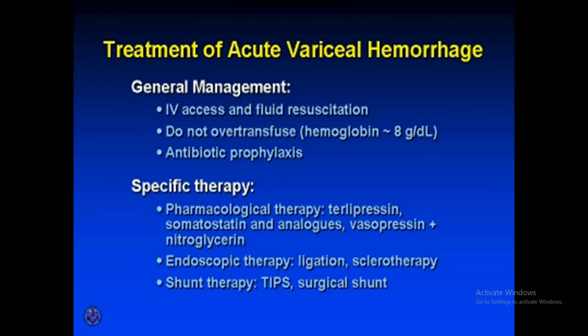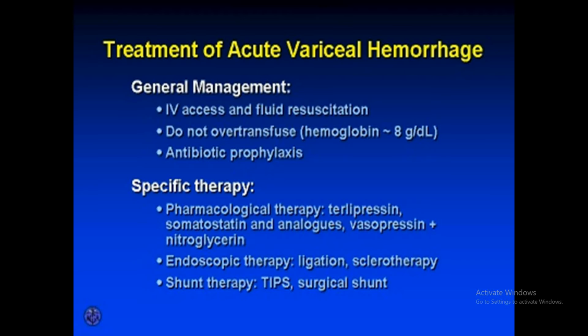This is the surgery which we are doing in 2 or 3 centers in Pakistan. It is the bridge between the hepatic transplantation and the other measures. TIPS can prolong the life of the patient.